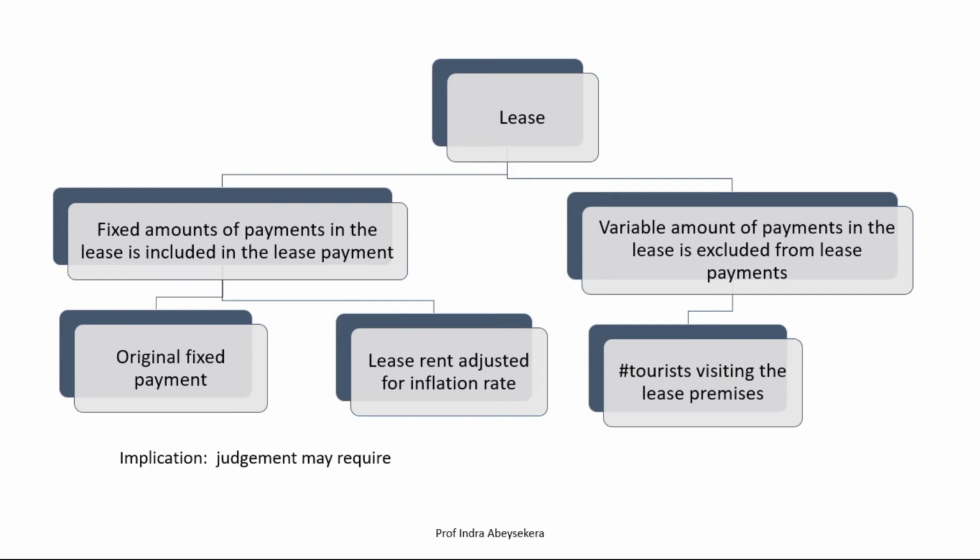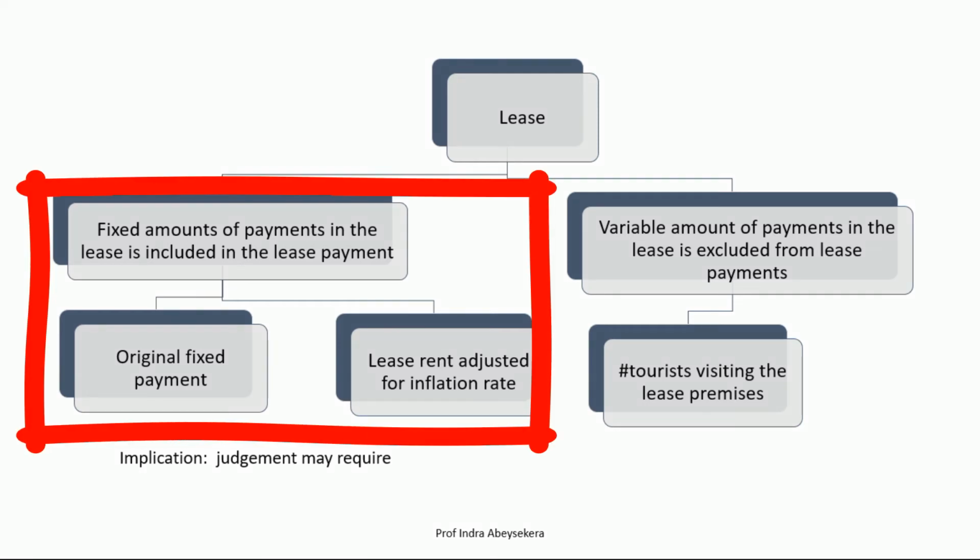On the other hand, if the lease payments are linked to some fixed payments, it could be the original fixed payment, and also it could be a lease payment that increases as a result of the inflation rate. Although the inflation rate changes, that change is constant across a year.